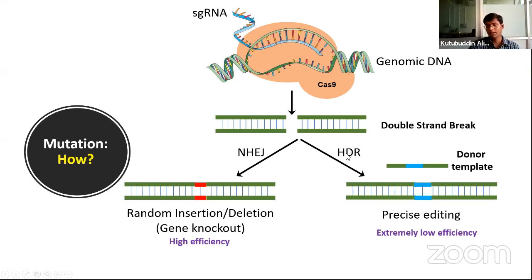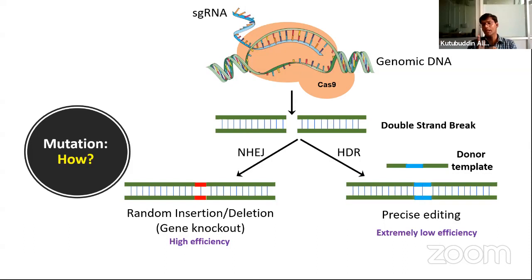Now the other pathway is homology-directed repair. This is extremely low in efficiency in the eukaryotic cellular environment. But how does it happen? For more precise editing, in normal cellular conditions, if the cell finds a double strand break in a diploid or polyploid organism, suppose a diploid organism, it has two copies of a single gene.